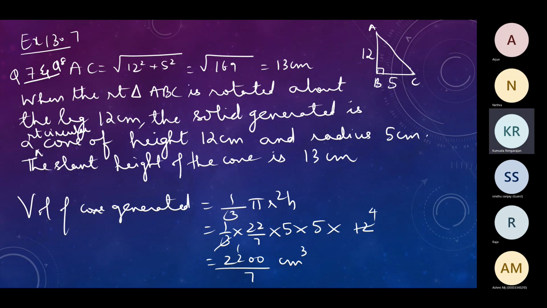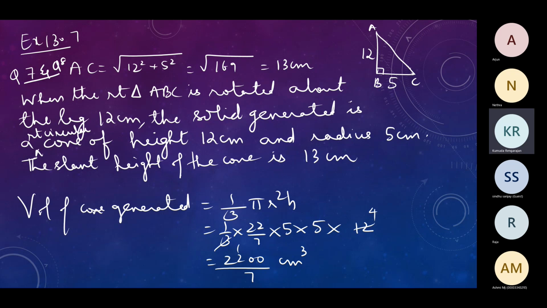Now, supposing you turn the right triangle about the side BC, then BC will be the height of the cone, and 12 centimeters will be the radius of the cone. About whichever leg you're turning, that leg will become the height. The other leg will become the radius. The hypotenuse will be the slant height. Right triangle, 2 legs, hypotenuse.